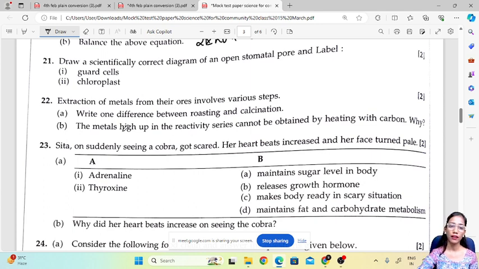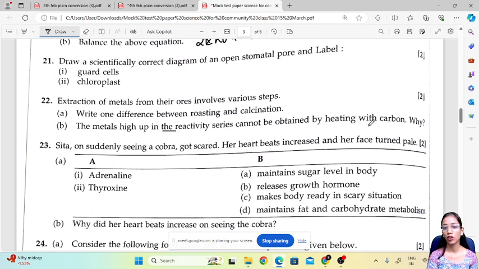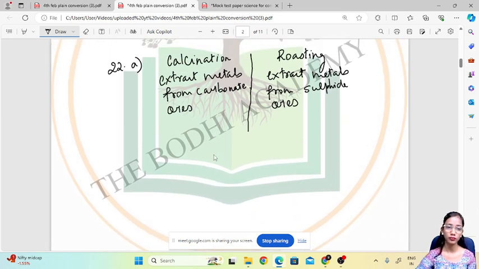High up in the reactivity series are the highly reactive metals, so they cannot be obtained by heating with carbon because they have a very high affinity for oxygen and react with oxygen easily.